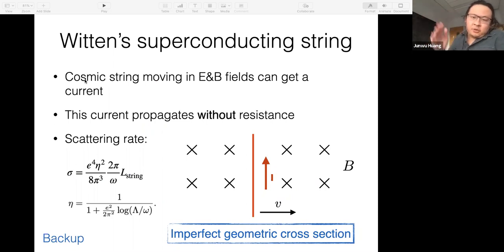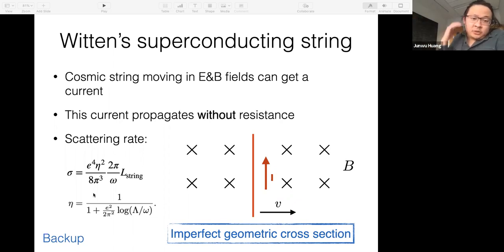So just a normal superconducting string moving through an electromagnetic field. What he discovered is that the scattering rate of the string within a magnetic field is almost geometrical. By almost geometrical, I mean the cross section is proportional to the wavelength of the photon, 2 pi over omega, times the length of the string.